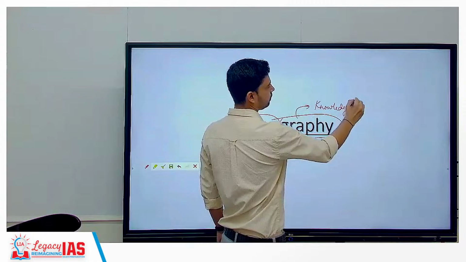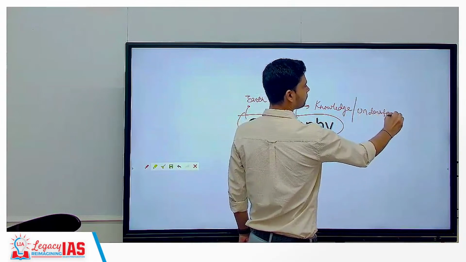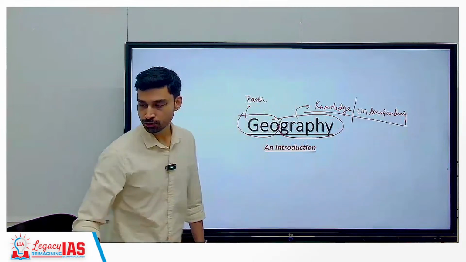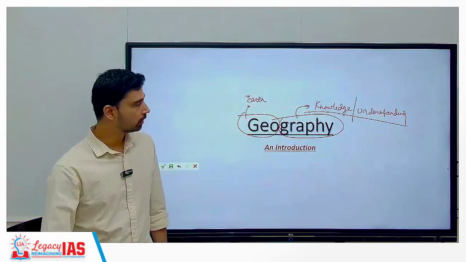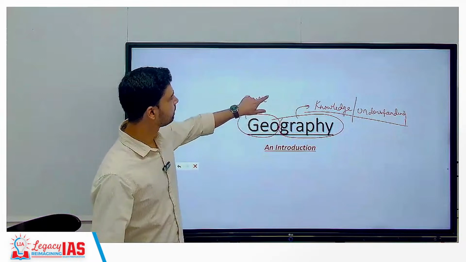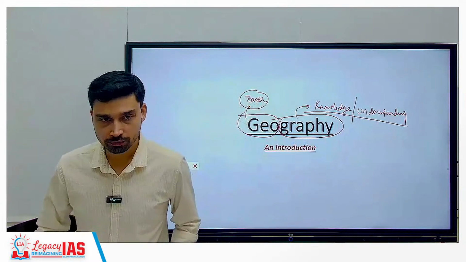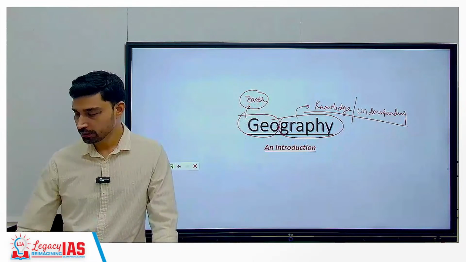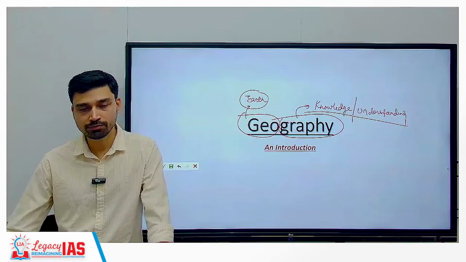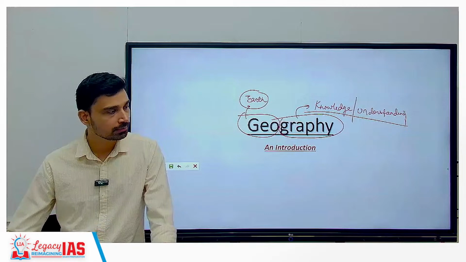Knowledge, okay, or understanding. So in simple words, what we can say is geography, it is the understanding of the earth. Okay, it is having comprehensive knowledge, or comprehensive understanding about the earth.